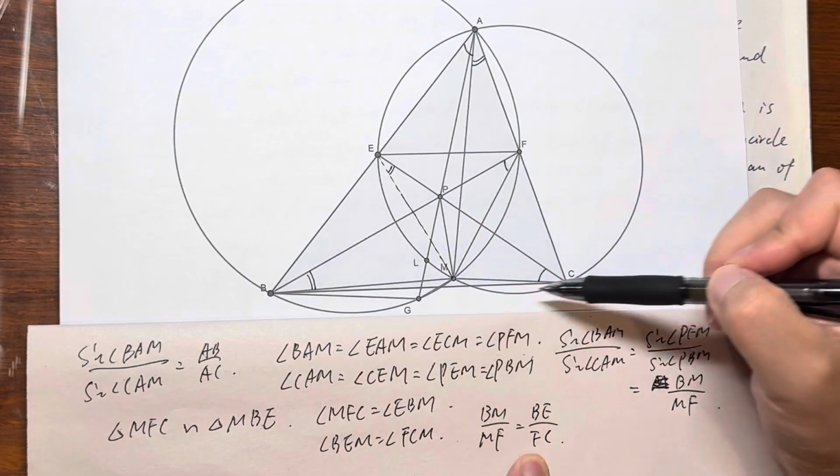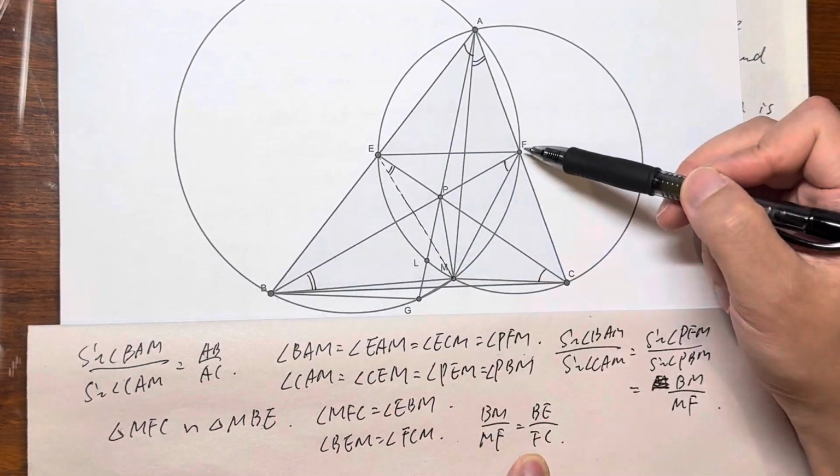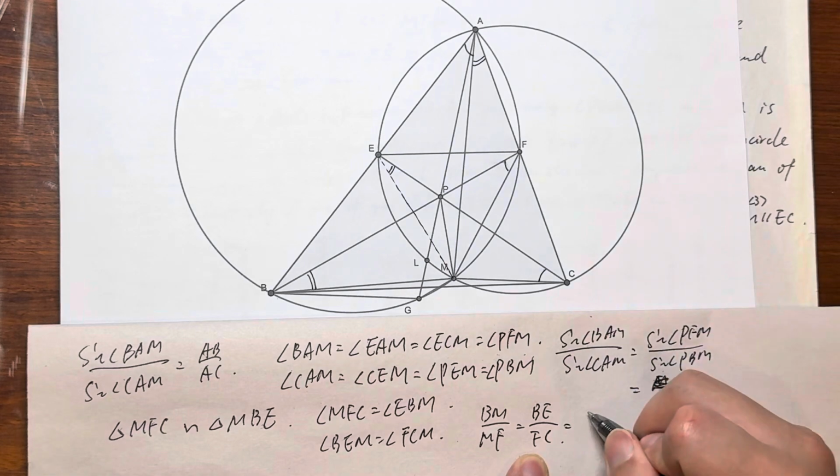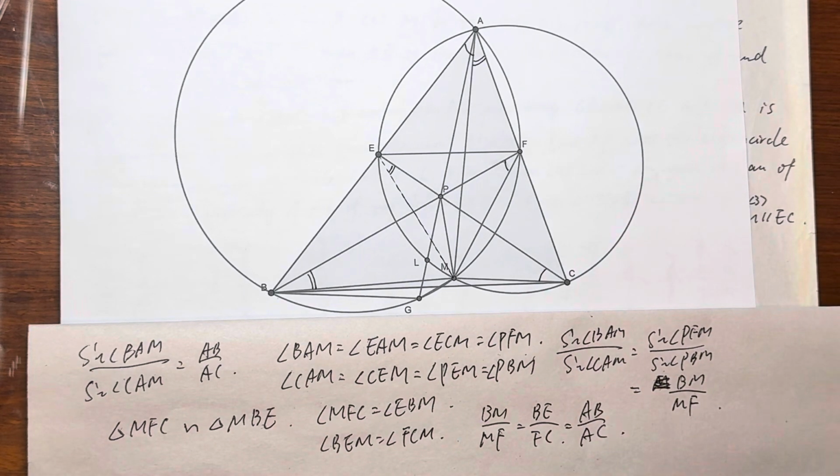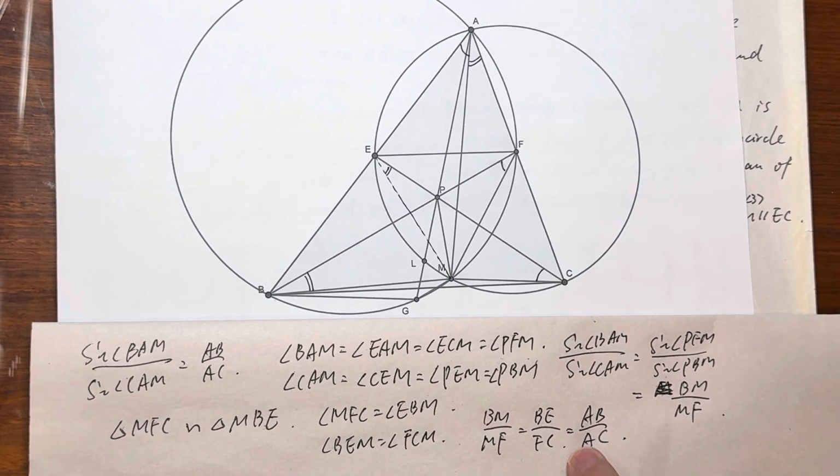And because EF is parallel to BC, BE to FC equals AB to AC. Okay, then we just get it.